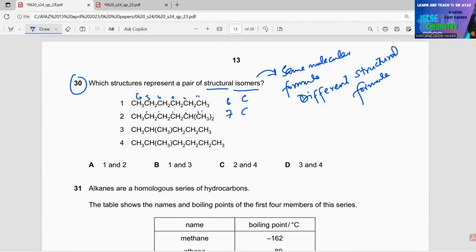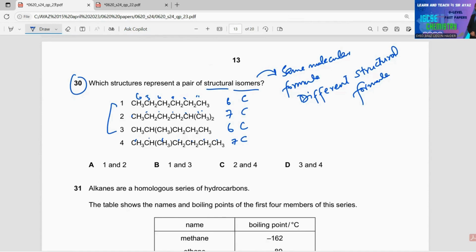What about 3? 1, 2, 3, 4, 5, 6. It's also 6 carbon, and this looks different from 1. Both of these, 1 and 3, have the same molecular formula, but have different structural formula. For convenience, I'm checking the last one, the fourth one. 1, 2, 3, 4, 5, 6, 7. This contains 6 carbon molecule.